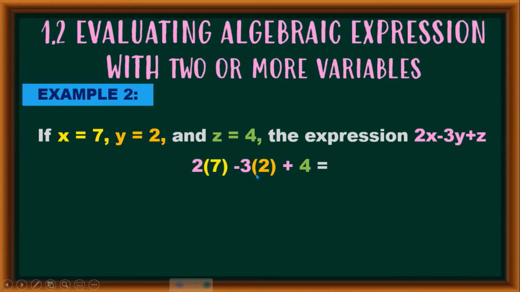So, we will multiply first before we add and subtract. So, 2 times 7, that is 14. Negative 3 times 2, that is negative 6. And then positive 4. Then we will subtract, then add. So, 14 minus 6, that is 8 plus 4. The answer is 12.